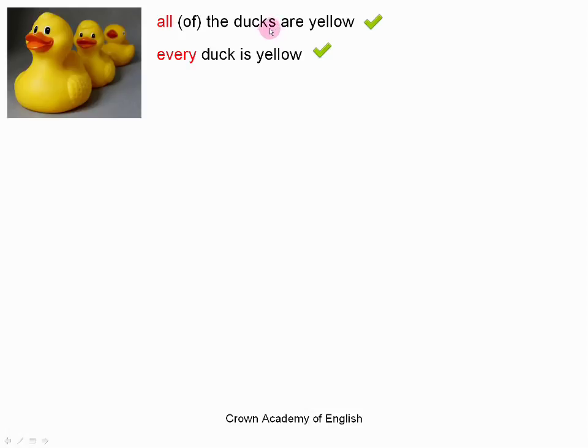And because ducks is plural, the verb is also plural. So this is the verb to be in the third person plural. So are. Okay.